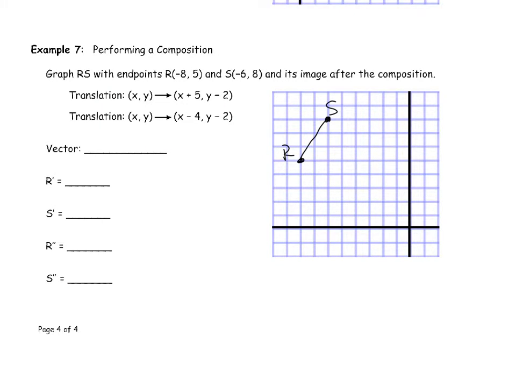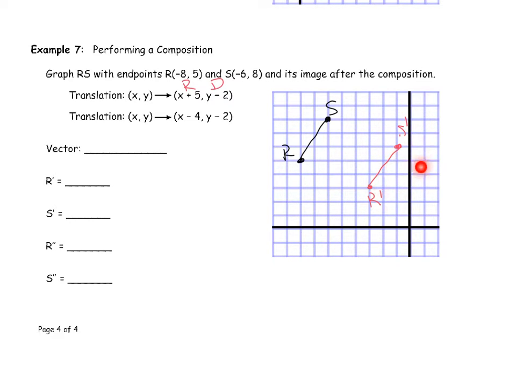So now let's do a composition. So basically that means that there's more than one move happening here, okay? So for the first problem, we're beginning with RS, as you can see. So this is our pre-image, and we're going to make this first move, which is right here, which tells me to go right 5 and then down 2. So I'm going to do that first.